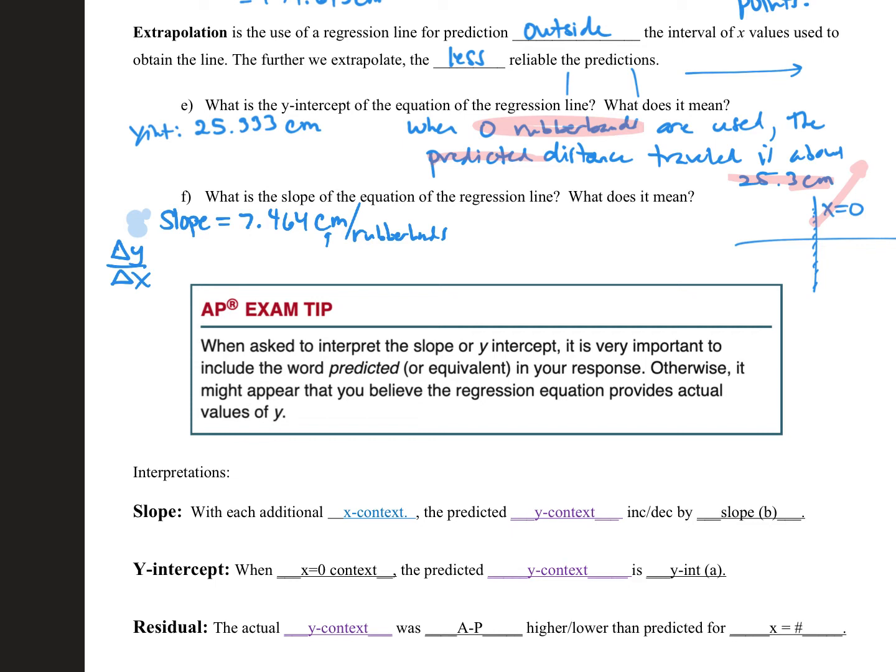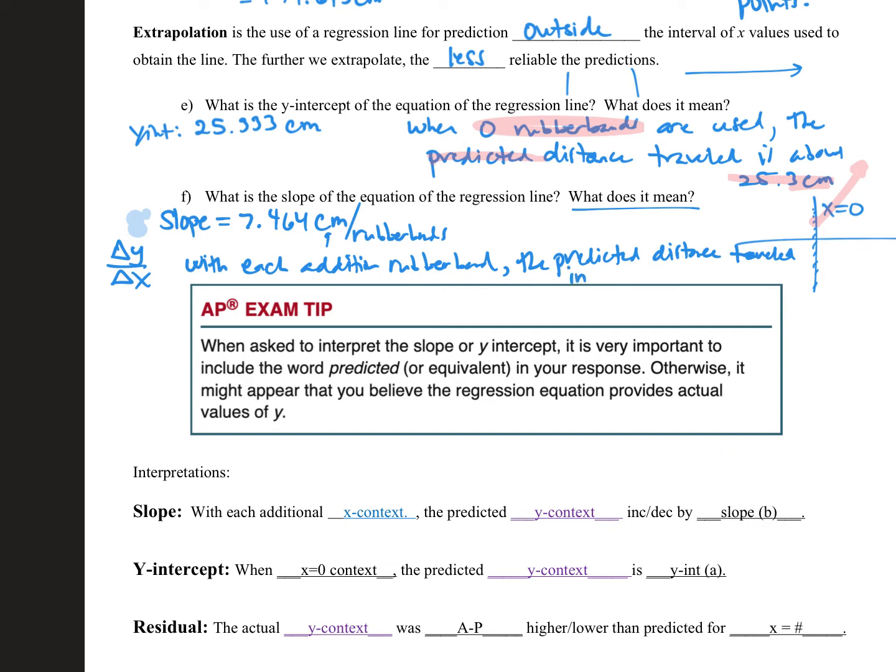And so here's what we would say. What does it mean? Well, it means that with each additional rubber band, so if we add one rubber band, the predicted distance traveled increases.